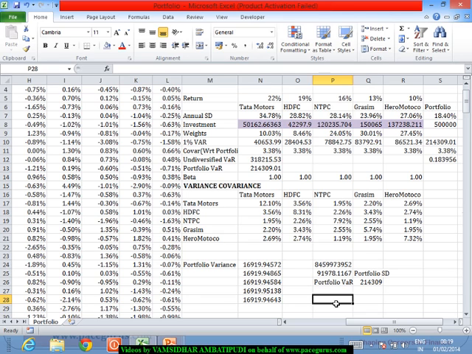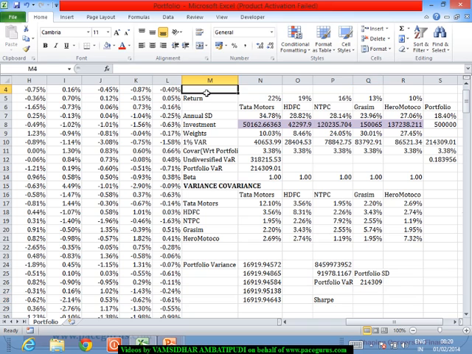So I can look at a Sharpe ratio in this case, and here I'll assume that the risk-free rate of return is somewhere around 7%.